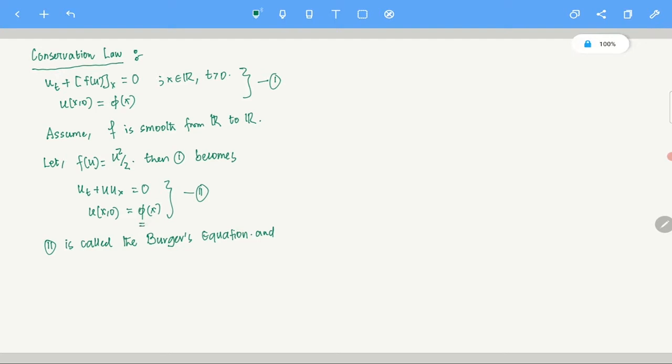We showed in an earlier video, I think it was the last video, where we discussed the first order quasi-linear case, we showed via the method of characteristics that (2) admits a solution.